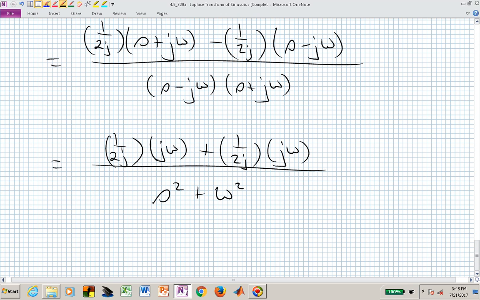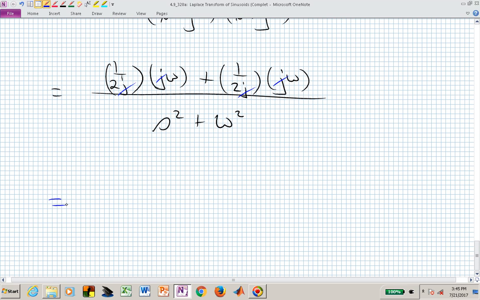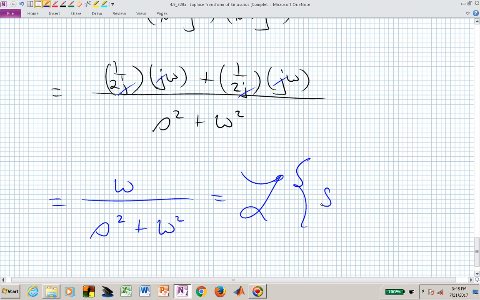The j's now cancel, and we can combine the 1/2 omega with the other 1/2 of omega, and we're left now with omega over s squared plus omega squared, and that is the Laplace transform of sine omega t.